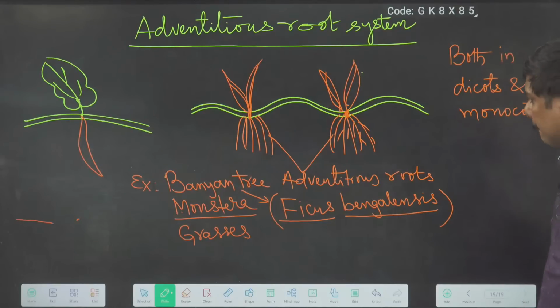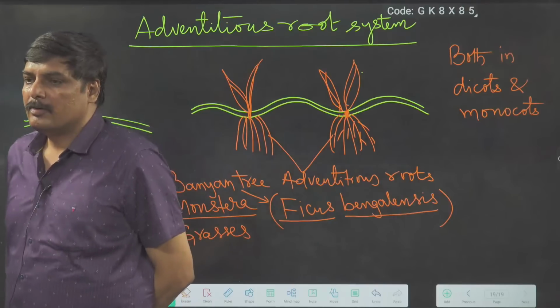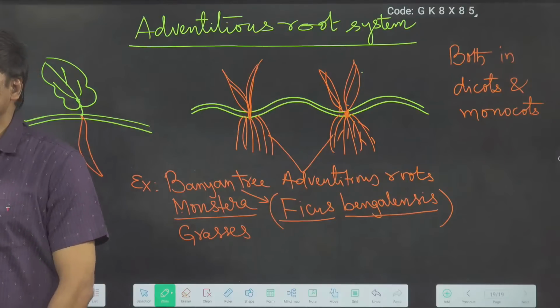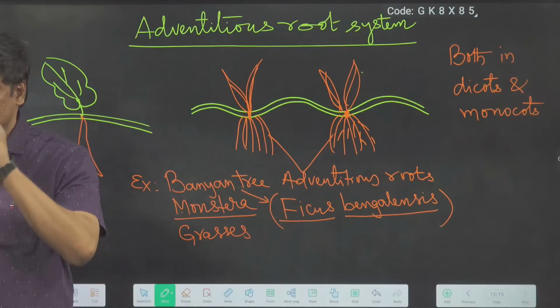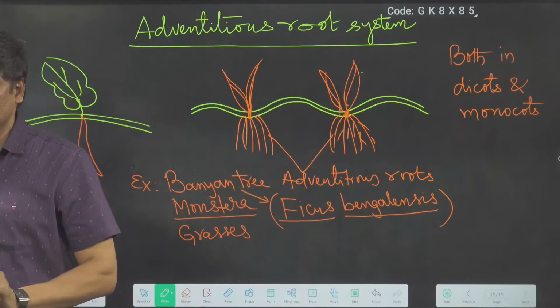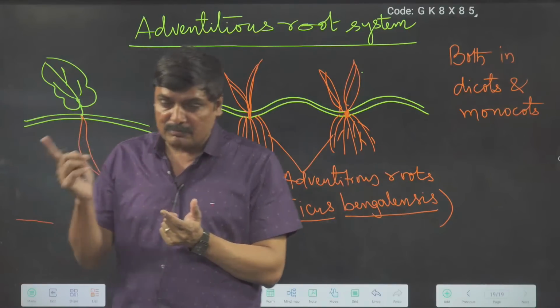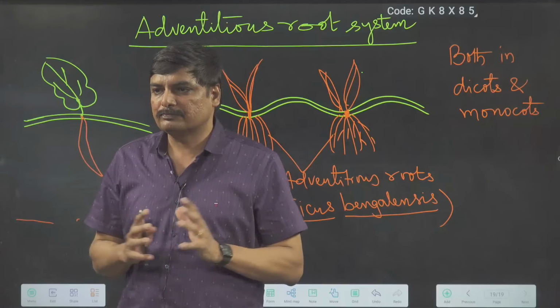Okay. So that is about the types of root systems. Root systems are broadly classified into three types, namely tap root system, adventitious root system, fibrous root system. Okay, clear, all of you?